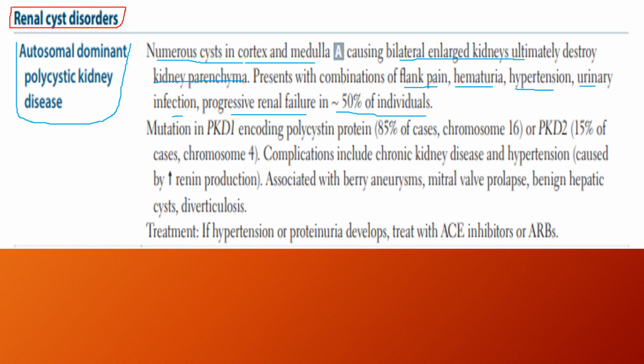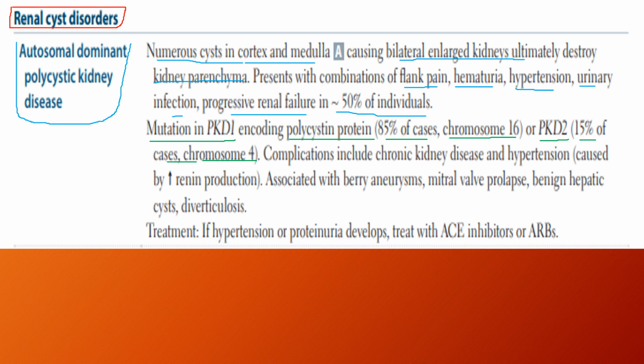It is caused due to mutation in the PKD1 gene and PKD2 gene. PKD1 gene encoding for polycystin protein, approximately 80% of cases, on chromosome 16. PKD2, 15% of cases, on chromosome 4.